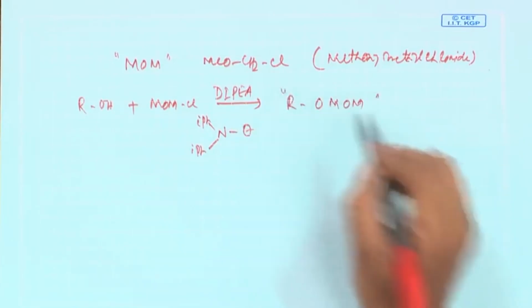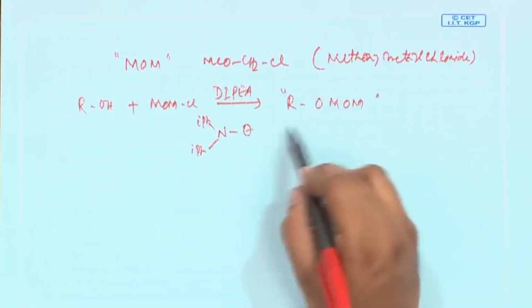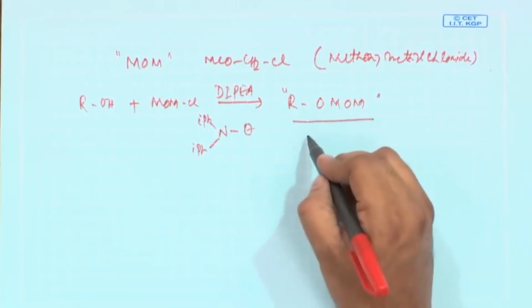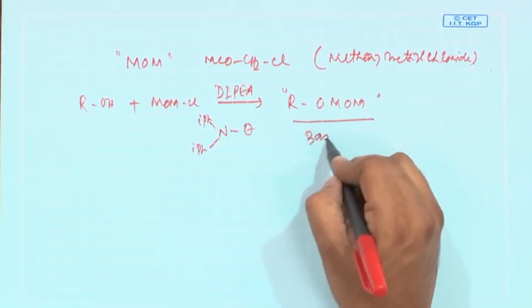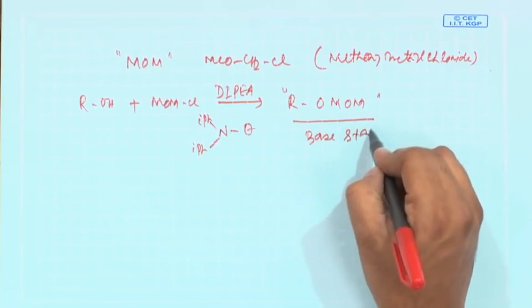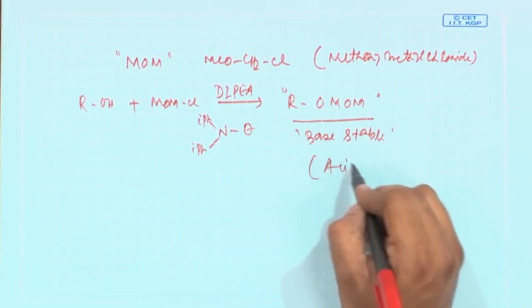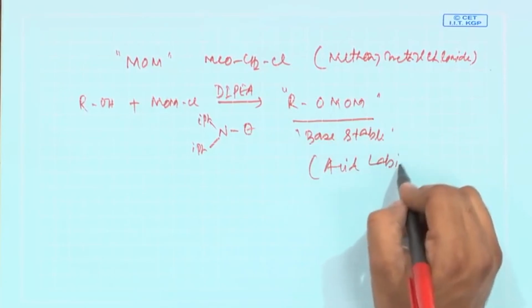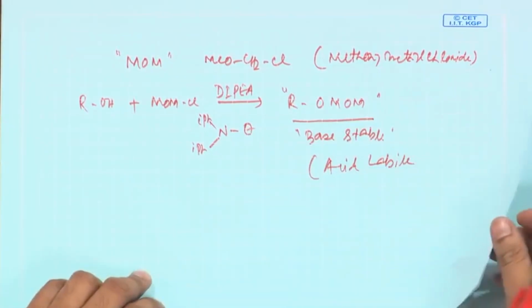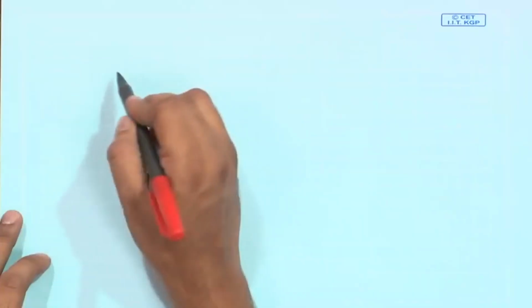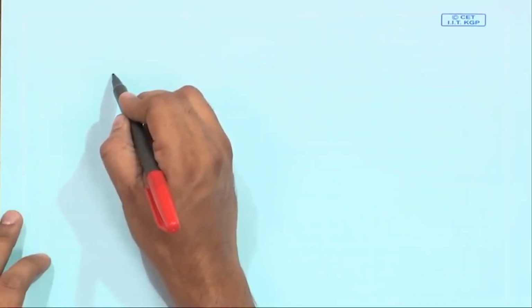MOM ethers are exceptionally stable in base, but they are very labile in acid. They are base stable, but acid labile. Next, we will discuss a similar kind of problem where you can use this concept.